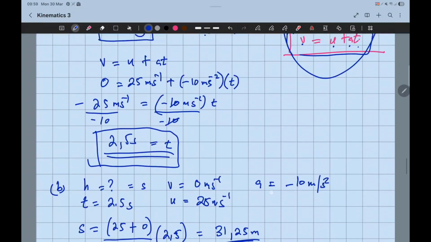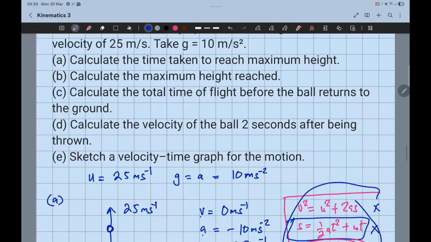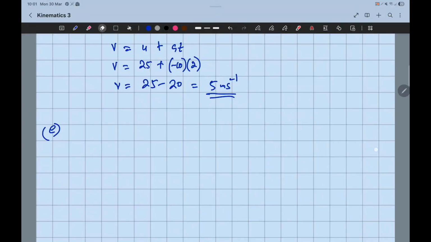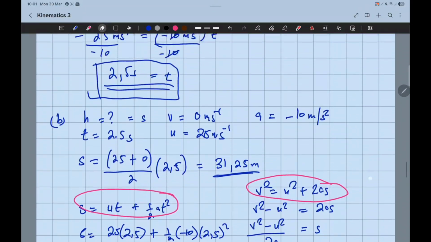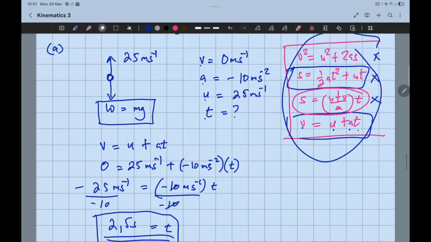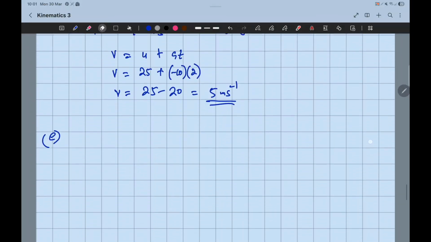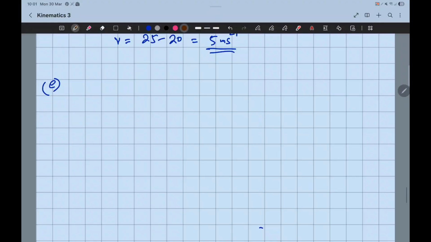Then the last question here: sketch a velocity time graph for the motion. So the last question is asking us to sketch a VT graph, velocity time graph. So in sketching a graph, some things have to be noted.